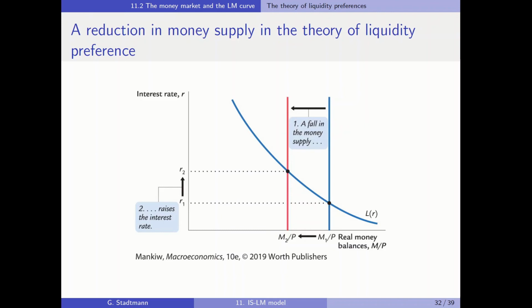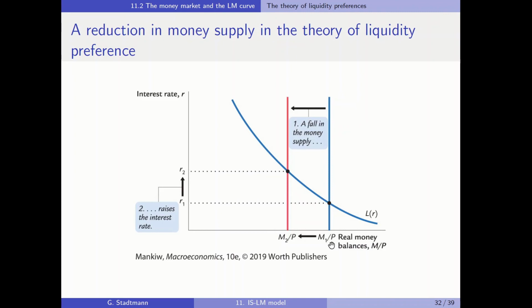In case that money supply decreases, the money supply curve shifts to the left, and this leads to an increase of the interest rate. So in case that the central bank performs a contractionary monetary policy and decreases nominal money supply, then also real money supply decreases, the money supply curve shifts to the left, and the interest rate increases.